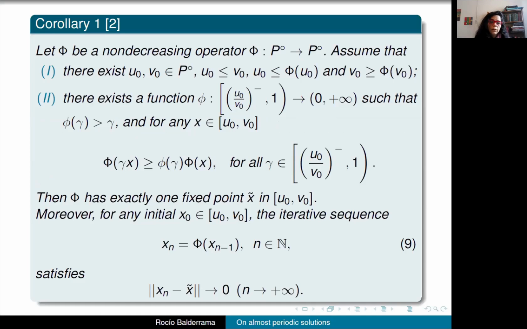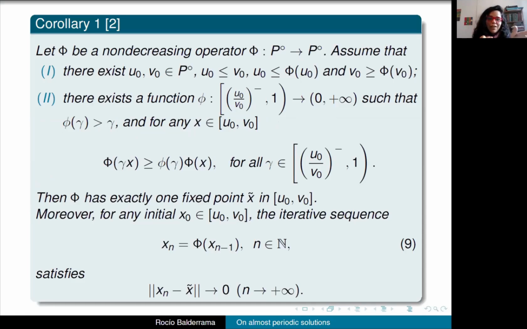And we have two corollaries from this theorem. In the theorem I talk about the mixed monotone operator, which in the first variable is non-decreasing, and in the second variable is non-increasing.